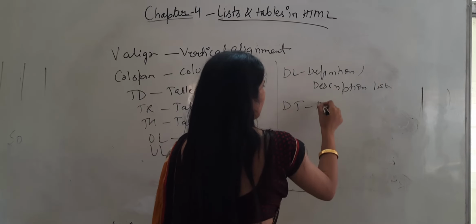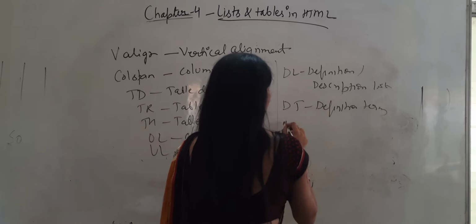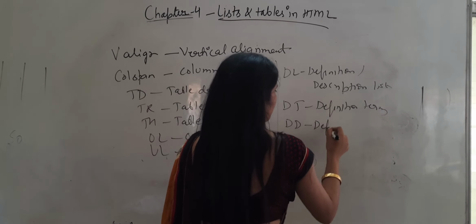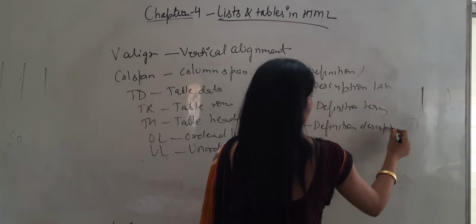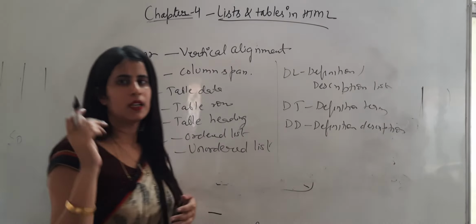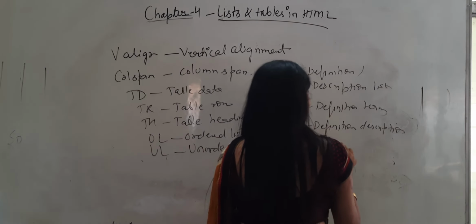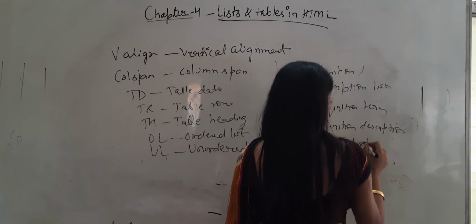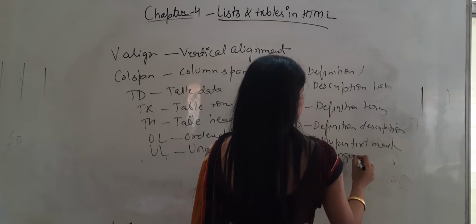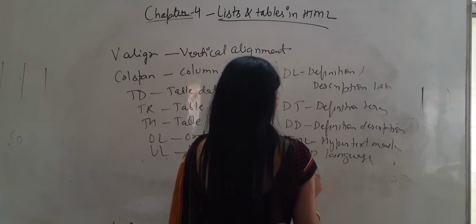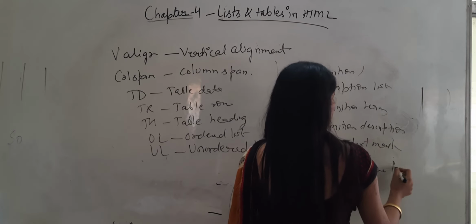DT tag, definition term. DD tag, definition description. HTML we know, hypertext markup language. URL, uniform resource locator.